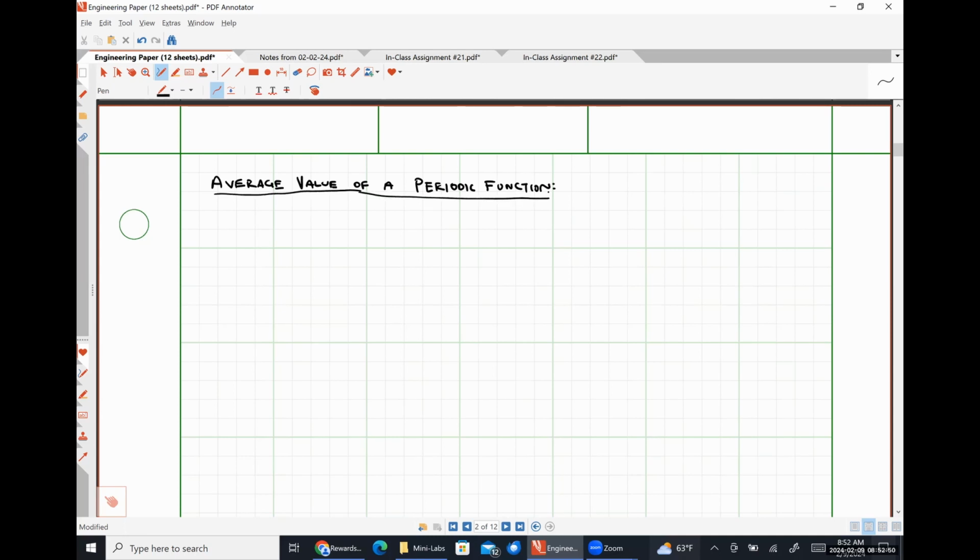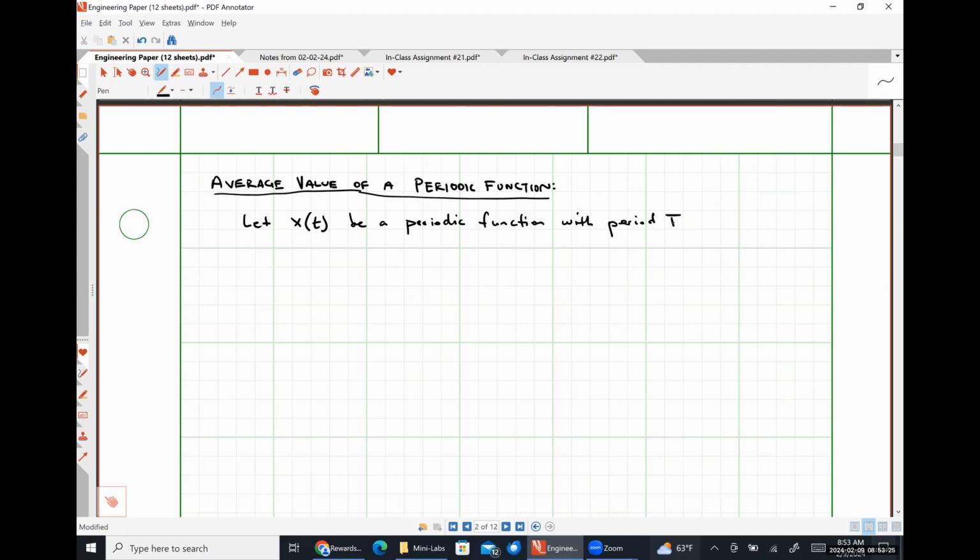This will be fairly short and it's just a bunch of math, okay? So let's let x of t be a periodic function with period capital T. Now, to be clear here, x of t does not have to be sinusoidal by any stretch of the imagination.